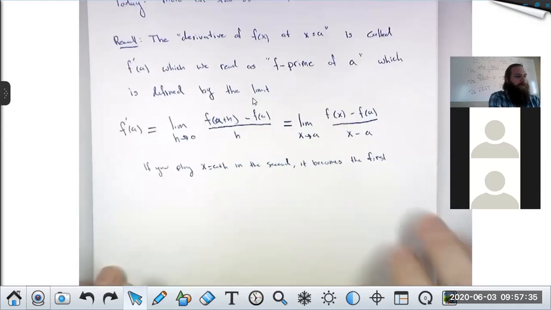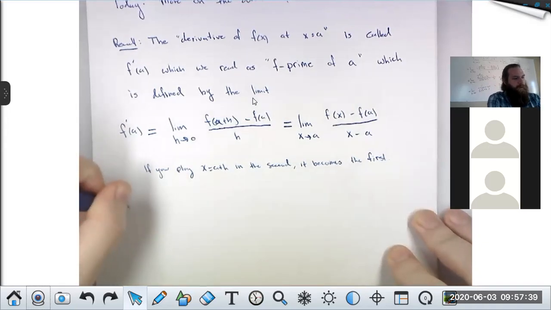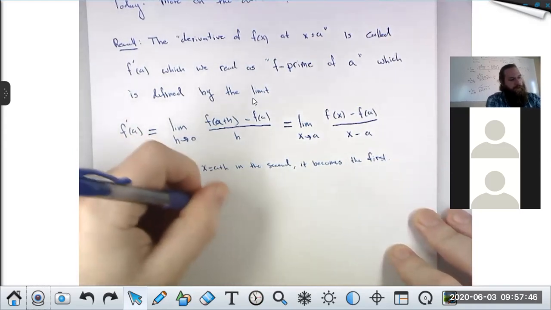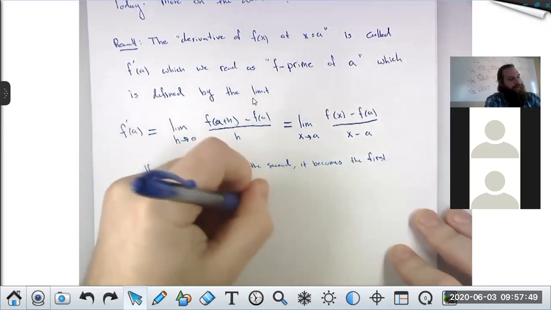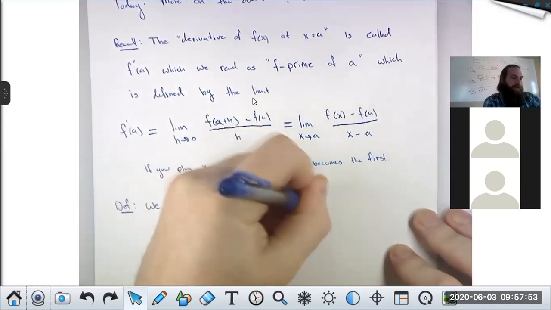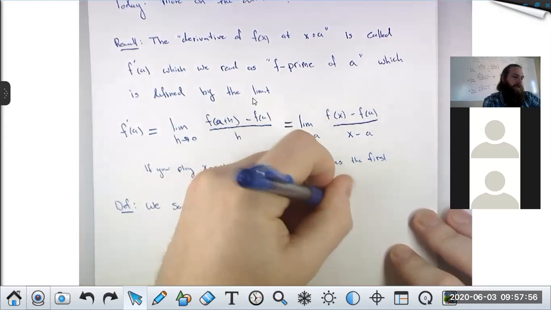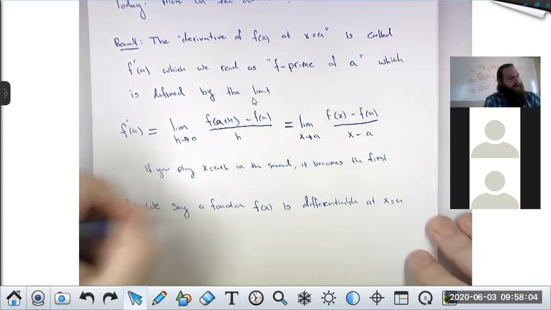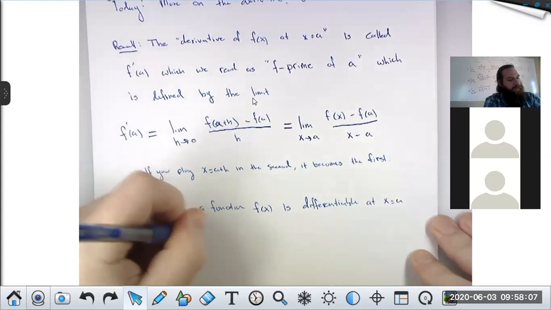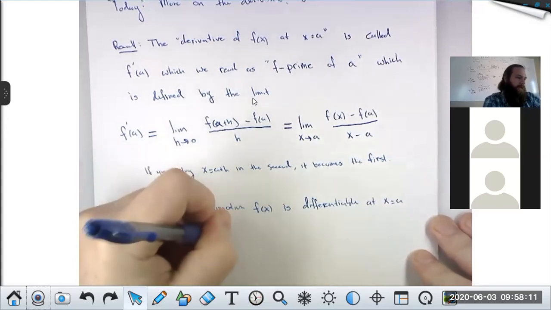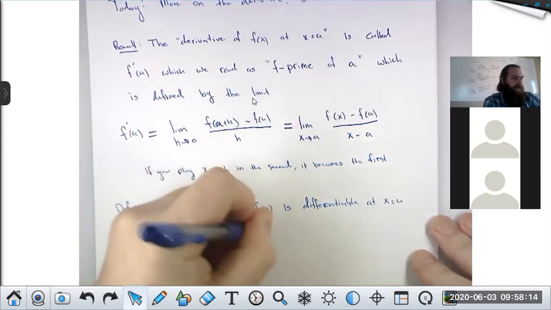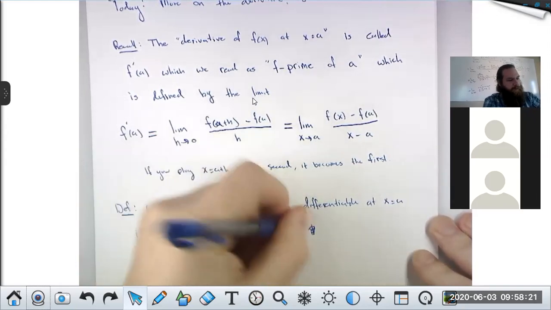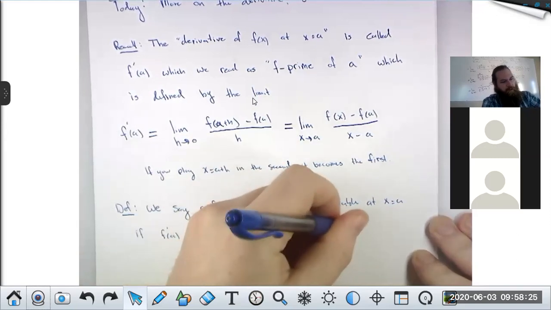And then one other thing I wanted to show you beforehand. We say a function f of x is differentiable at x equals a if f prime of a exists, i.e., the limits above exist.